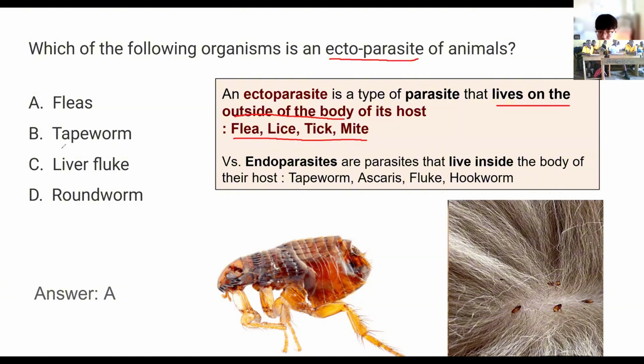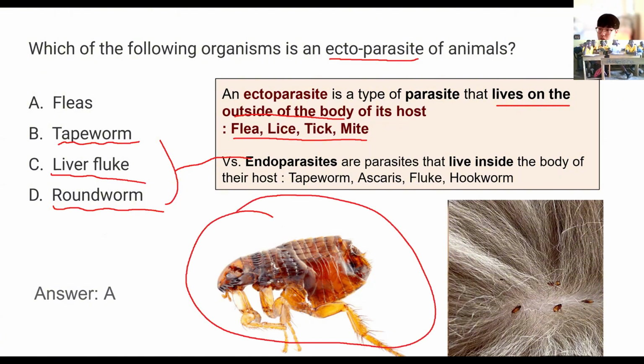Other things like tapeworm, liver fluke, and roundworm are all endoparasites. They live inside our bodies and not outside. A flea looks like this, a close-up picture of a flea, and it can live in your hair.